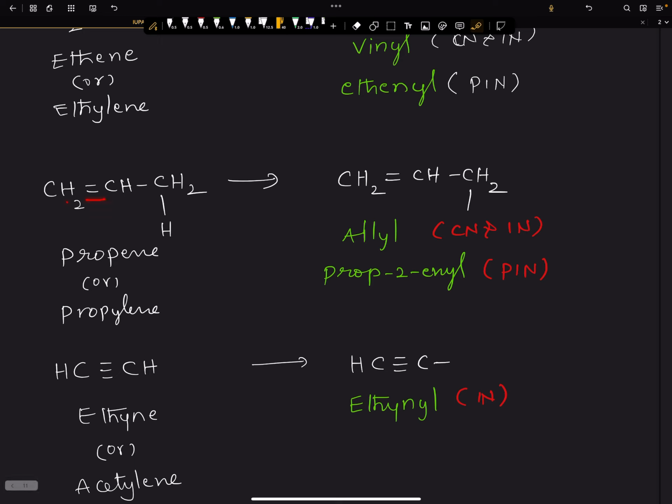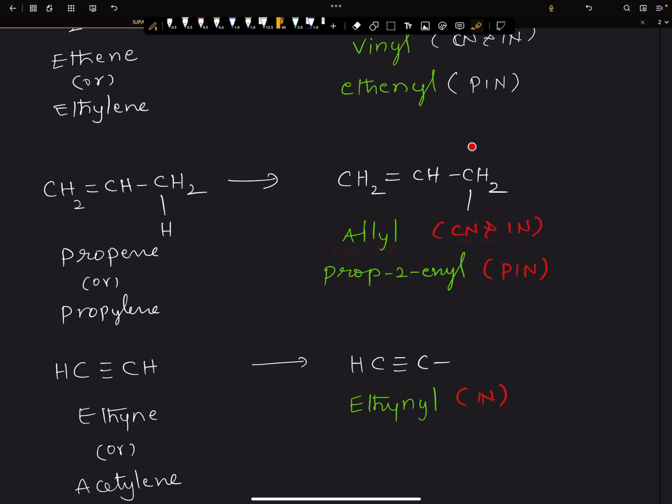CH2=CH CH3 is called propene, the IUPAC name, or it is also called propylene, which is the common name. When this hydrogen is removed, we get CH2=CH CH2.